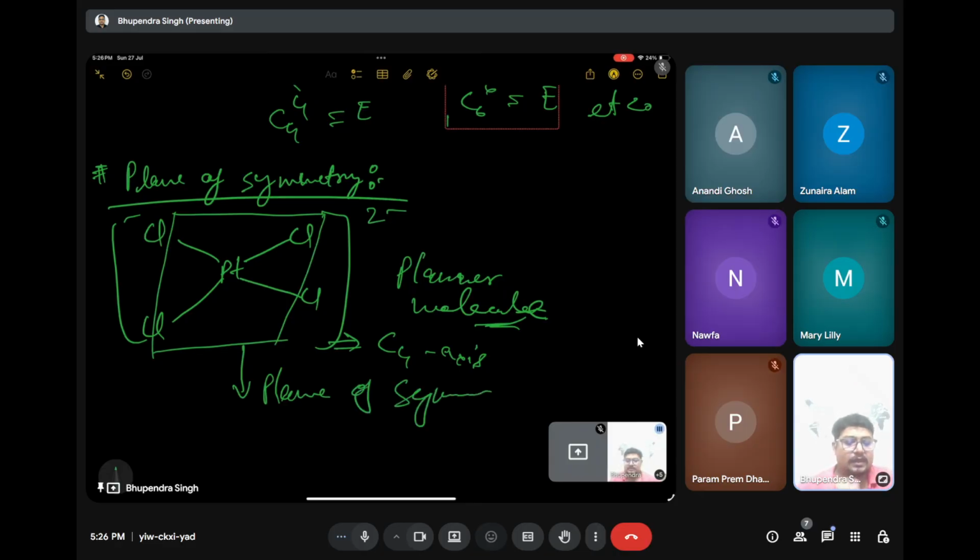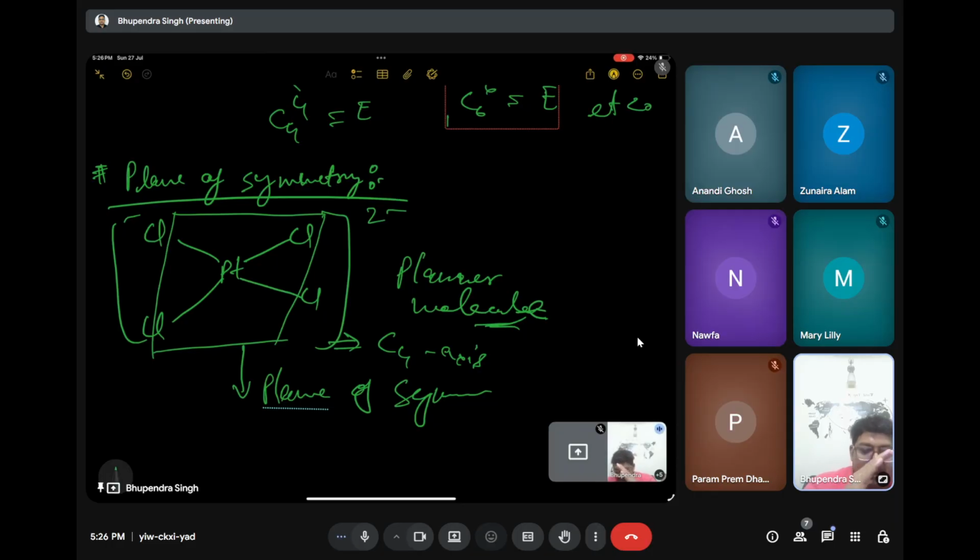In that case, as I have told you the definition of the plane of symmetry, the plane is bisecting the molecule like a mirror, cutting the molecule into two identical parts which are reflecting each other.